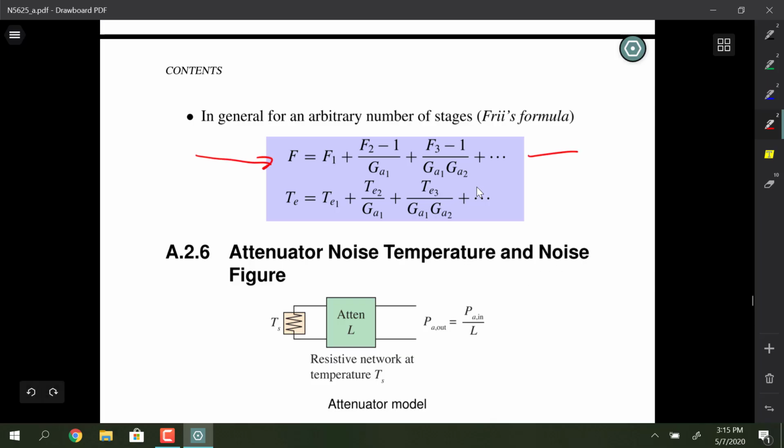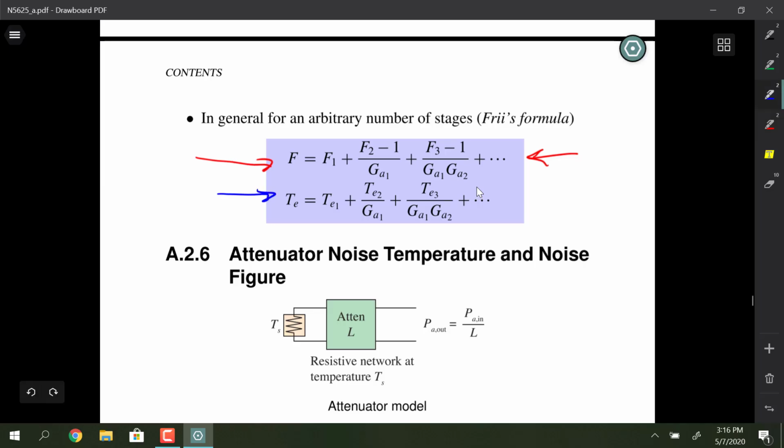It just tells you what the noise figure of the cascade is going to be, based on the noise figure of each subsystem, 1, 2, 3, and so on, and the gains of the subsystems, 1, 2, 3, and so on. And then the secondary equation is the effective temperature of the cascade, and that can be calculated using the effective noise temperatures of each subsystem.